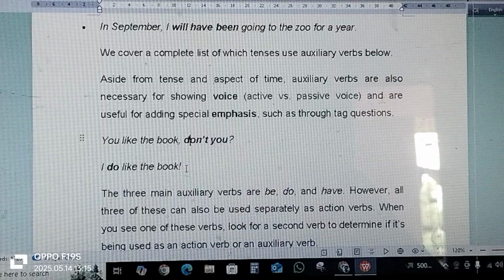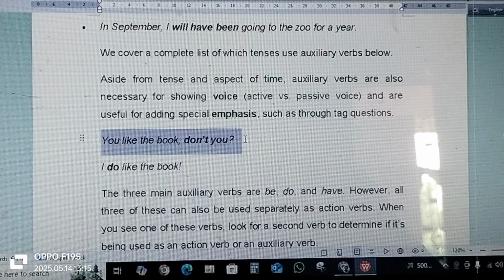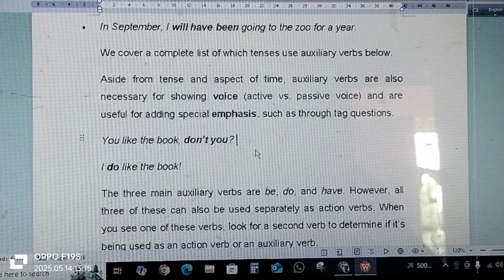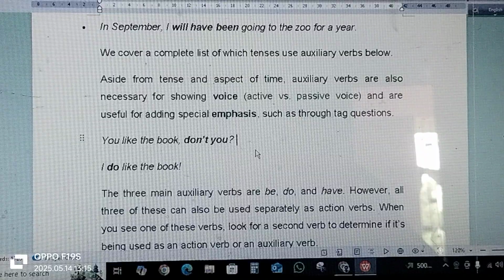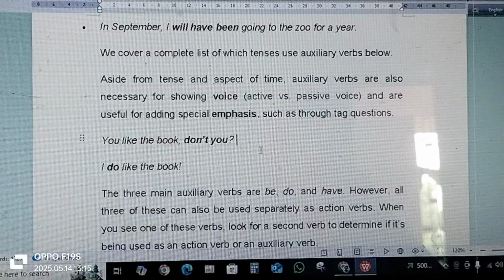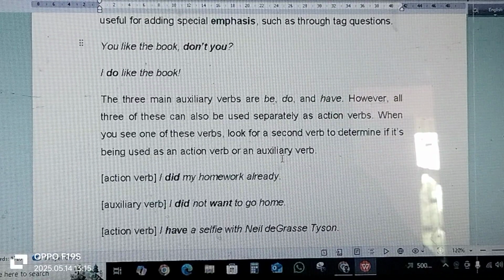This assertive sentence, when we transform it into a tag question, will become like this: you like the book, comma, don't you? About tag questions we will discuss in another video. So let's continue about auxiliary verbs.